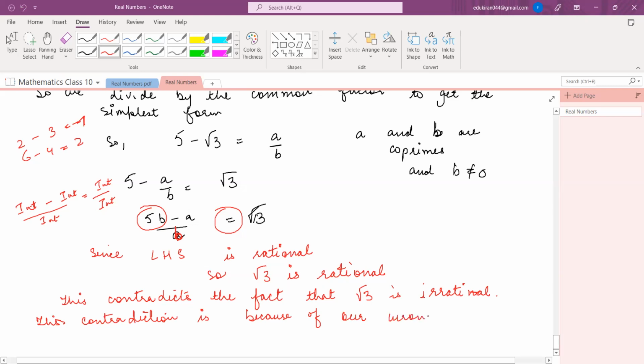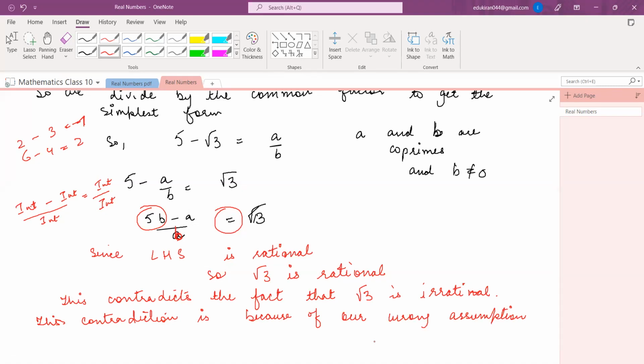Wrong assumption. Sometimes it can also be asked like that in the exam: if root 3 is irrational, then prove 5 minus root 3 is also irrational. So it is given that root 3 is irrational, right?